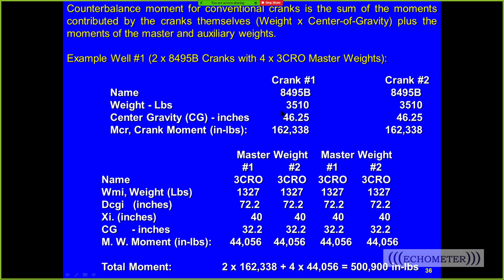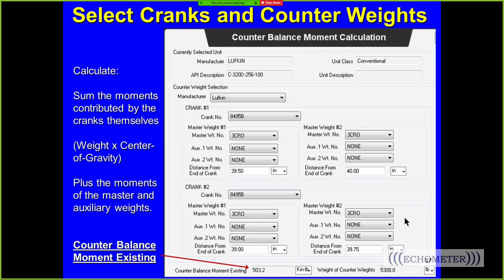So take the weight of the crank times the distance to the center, and that gives you the moment from each of the cranks. And you add that all up, and it's about 500,900 inch-pounds of counterbalance moment. So this is the software in TAM.